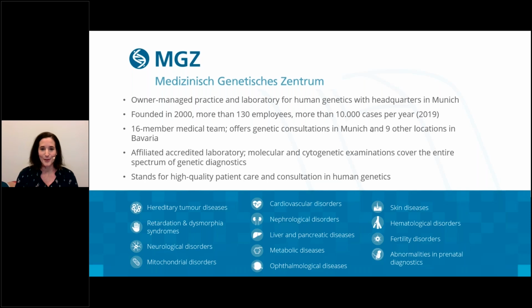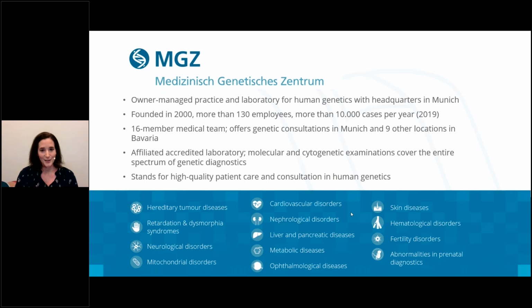At least these were the numbers from 2019. Within the team, there's a 60-member medical team offering genetic consultations in Munich and 9 other locations in Bavaria. It's an affiliated, accredited laboratory, and the examination covers the entire spectrum of genetic diagnostics, as you see below. It's a very well-known lab here in Germany and also in Europe, and it stands for high quality patient care and consultations in human genetics.